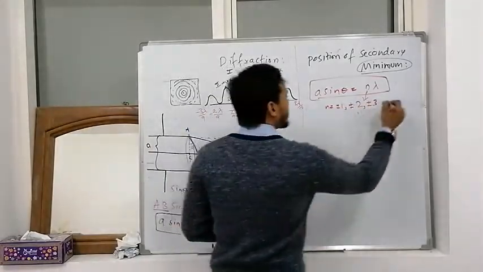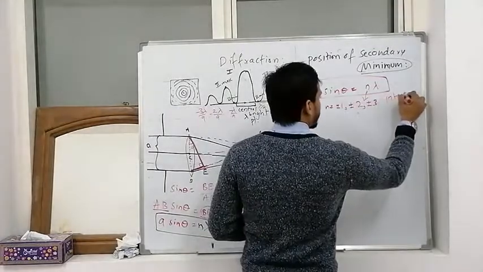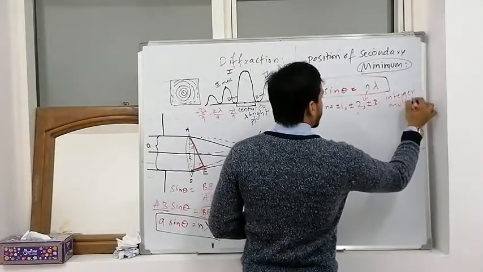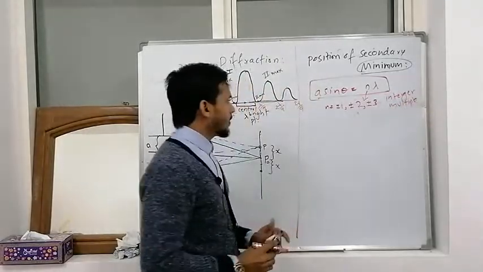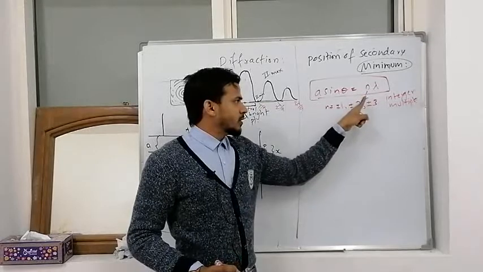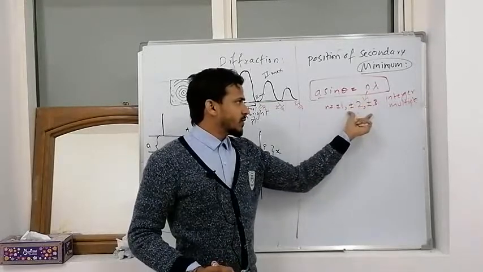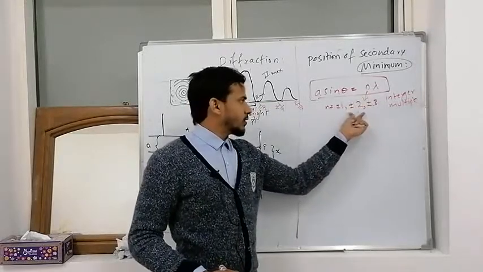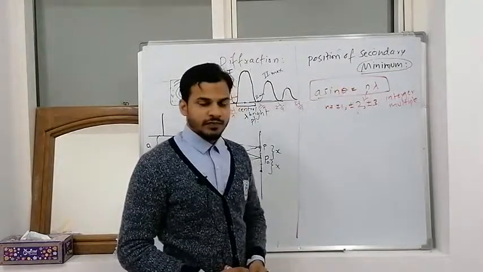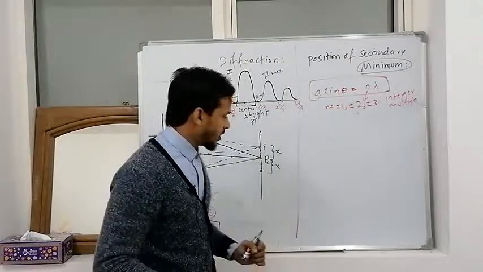It means integer multiple. When the path difference will be an integer multiple, then we will get secondary minimum. Did you understand that? Okay, simple.